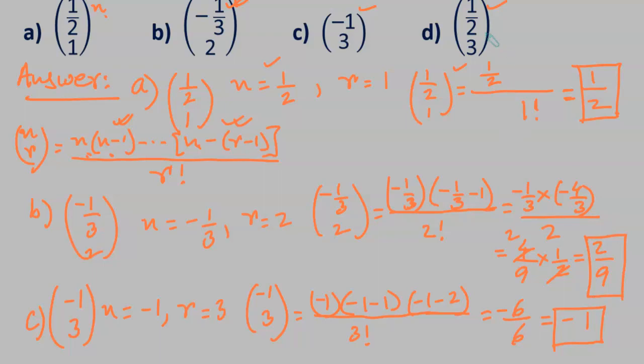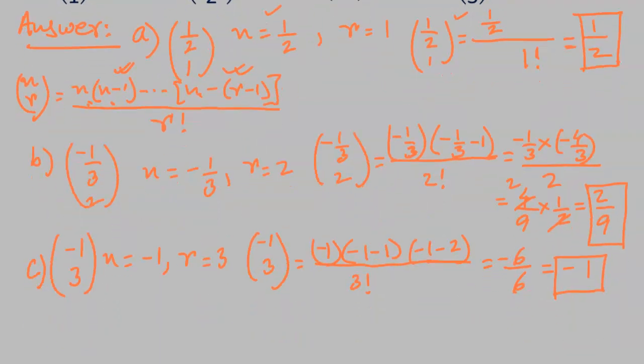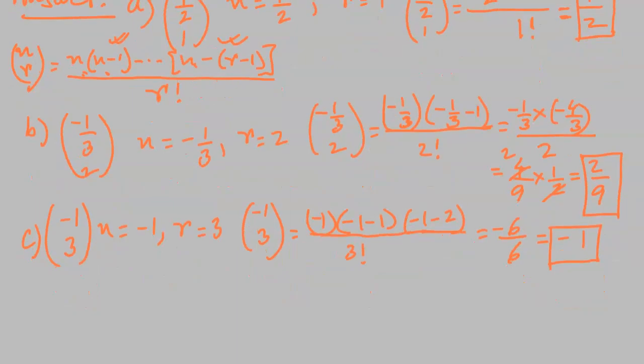And the subpart D is half C3, where n is equal to half, R is equal to 3. So half C3 is, the denominator will be 3 factorial.